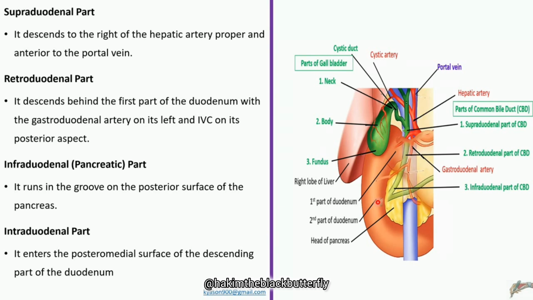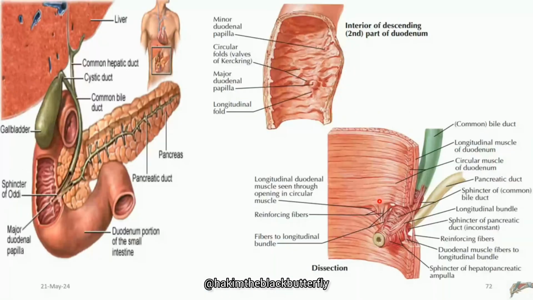You can see this clearly here. You can see your common bile duct joins with the main pancreatic duct to form that structure that we call the hepatoduodenal ampulla, or you can call it the ampulla of Vater.